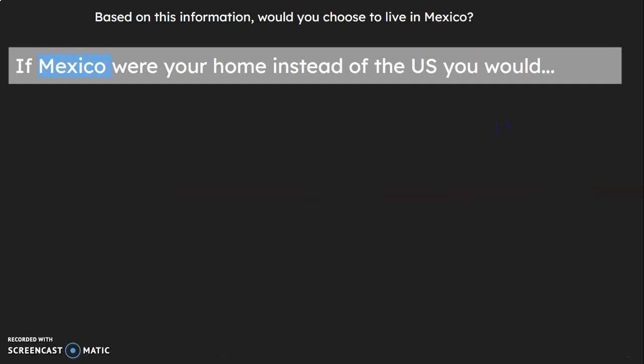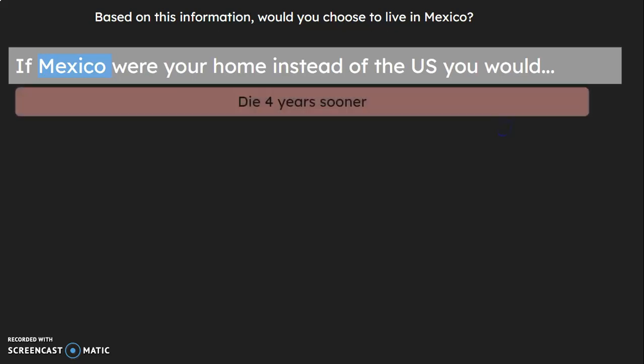So in tomorrow's lesson, you will be looking at some countries in South Asia, and based on the information, you will be answering some questions. So for example, let's say we are comparing Mexico to the United States. If Mexico were your home instead of the United States, you would die 4 years sooner.